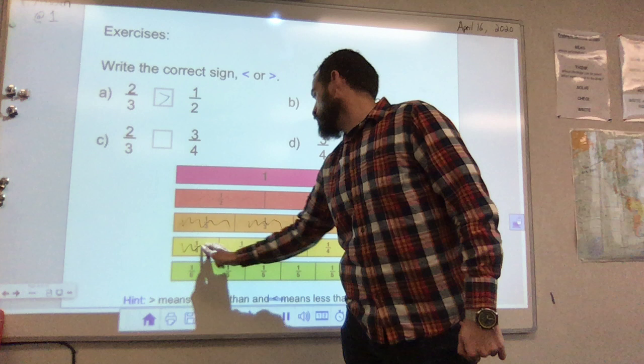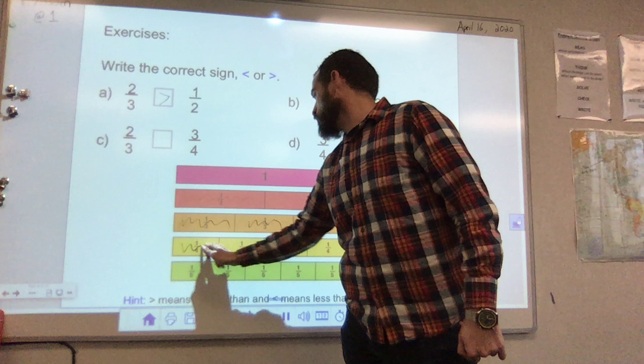Those are 8 equal parts, and we've got 5 of those. So 1, 2, 3, 4, 5. Now if you have your resources and have cut them out, you can line them up easier, but you can still see this is where 1/2 goes to, so 5/8 is going to be greater than 1/2.